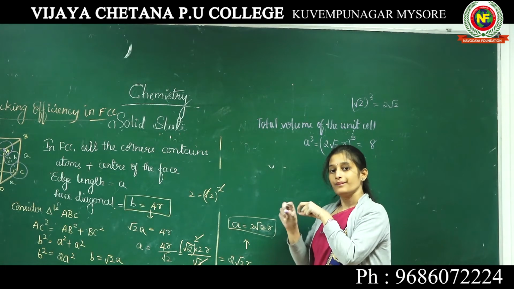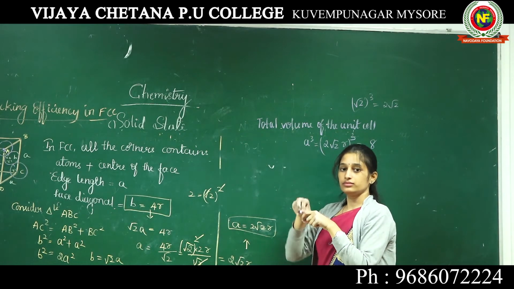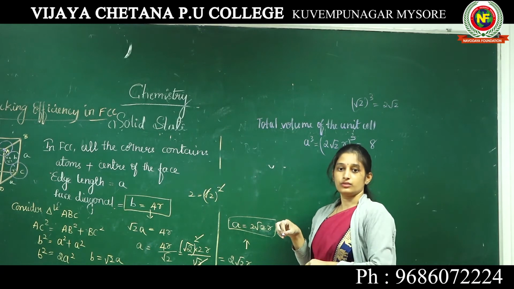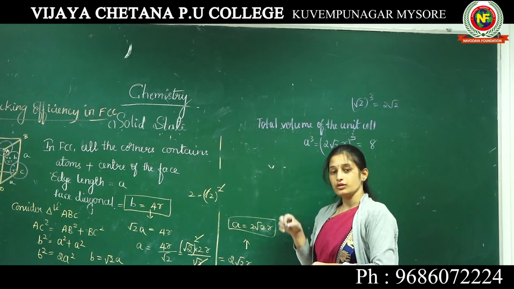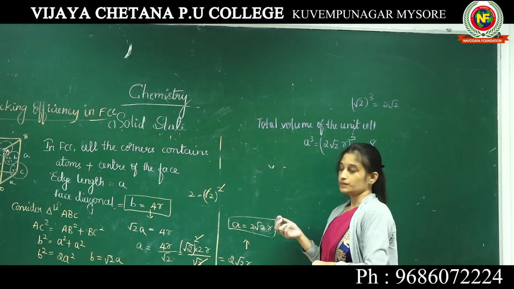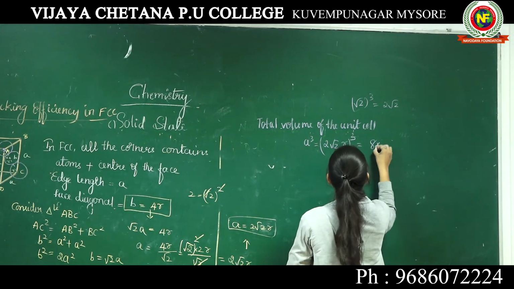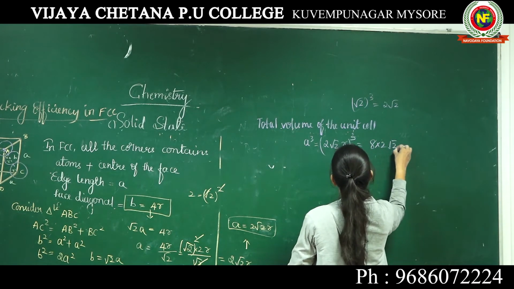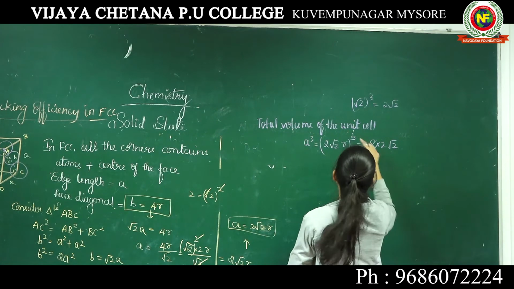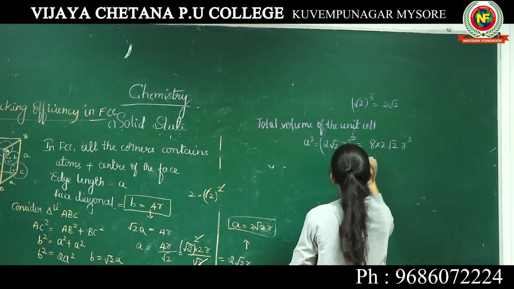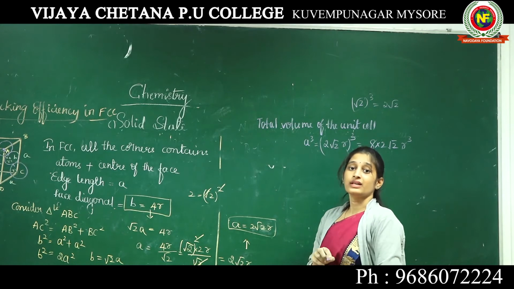Root 2 into root 2 gets cancelled, so it becomes 2 root 2. So into 2 root 2, this becomes R cube. 8 2s are 16.